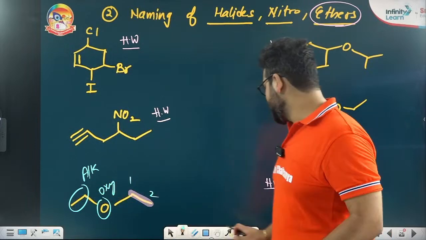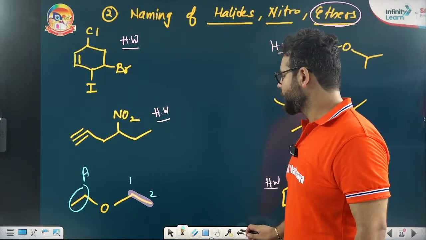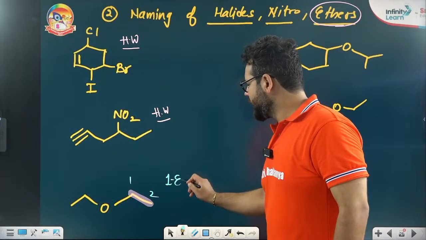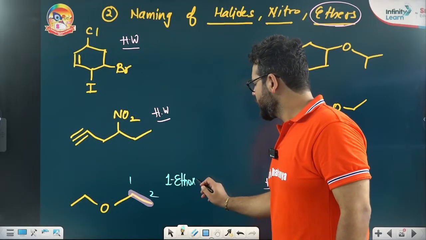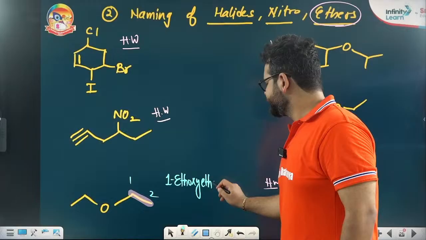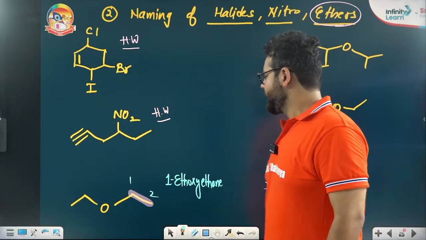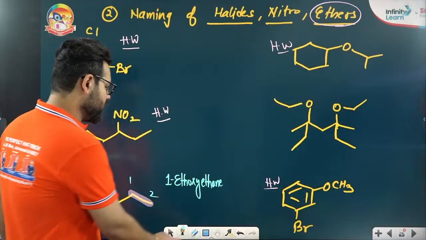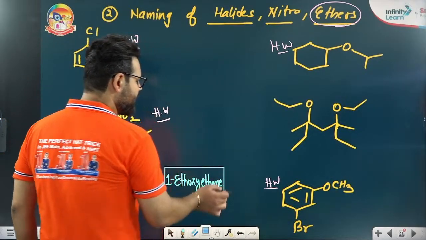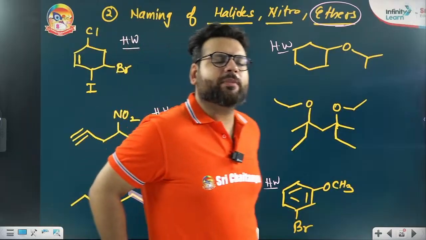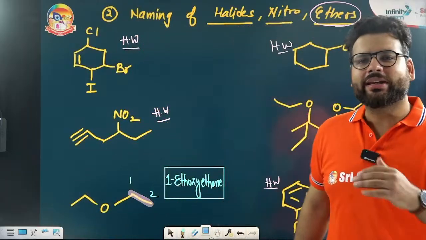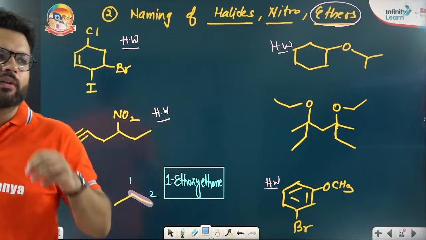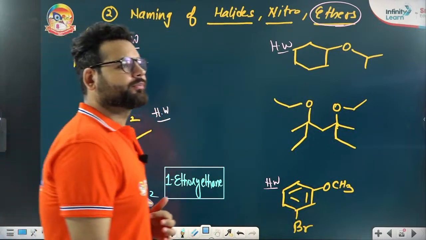So the name is 1-ethoxyethane. Yes, correct, Chandra. These are ethers. Prashant, is it clear? What you were saying was an ester. O8 is for ester. This is ether. Very different functional groups.